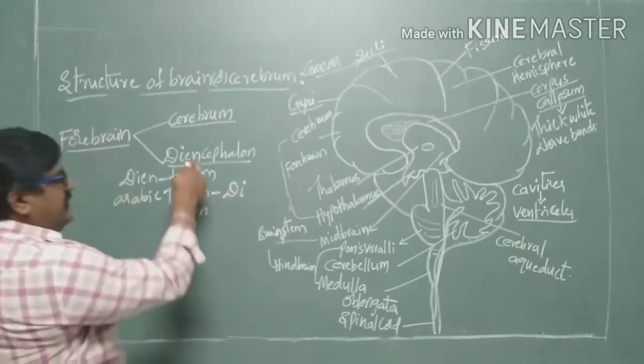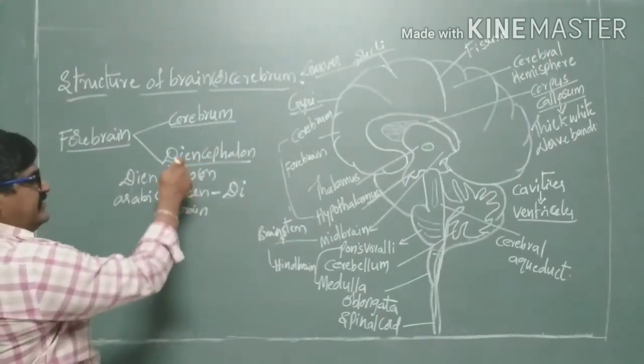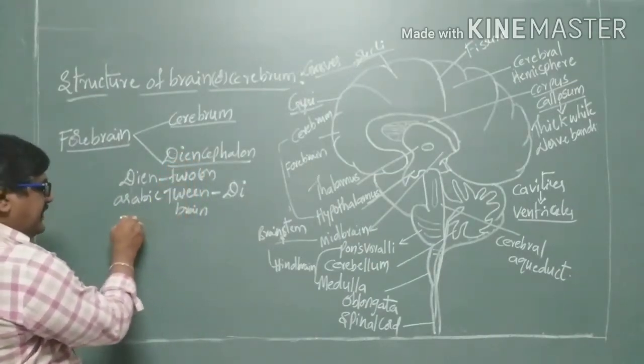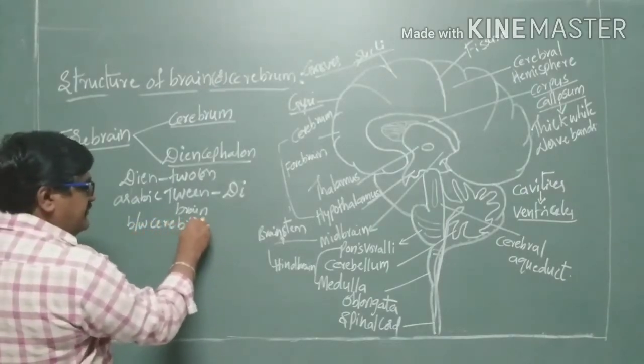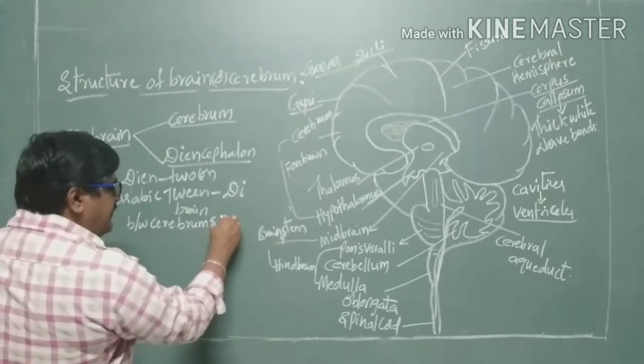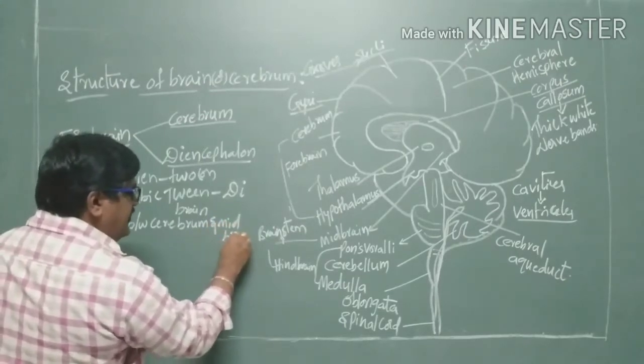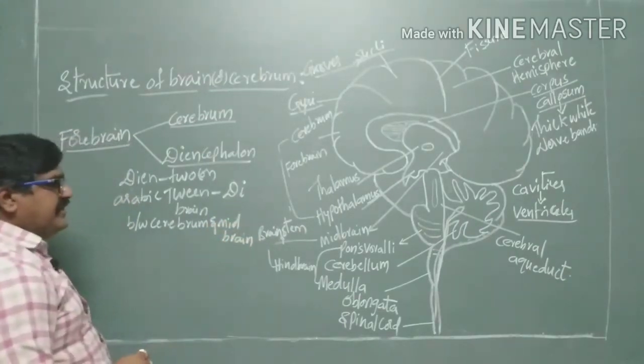Having two parts, the diencephalon is present between the cerebrum and the midbrain.